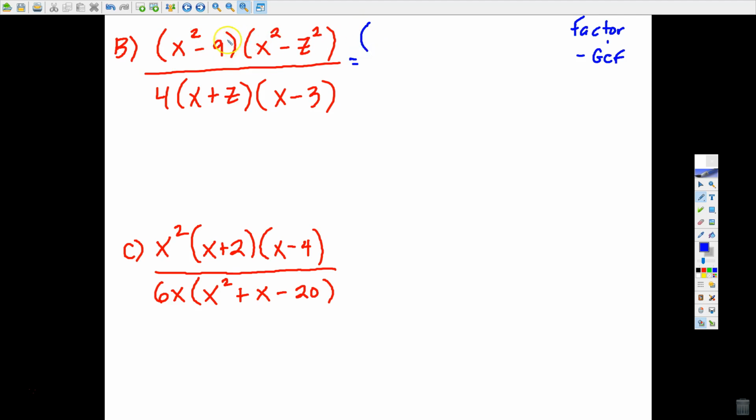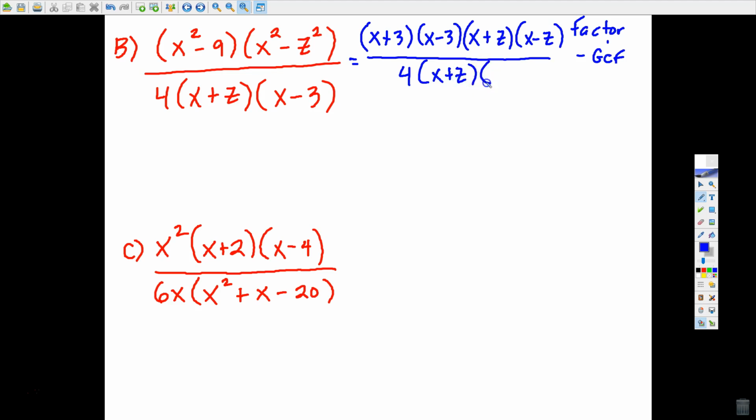And the way I factor this is the square roots in two different groups. One group will be plus, one group will be minus. The same situation applies here. This is the difference between two squares, x plus z, x minus z. The denominator is already factored.